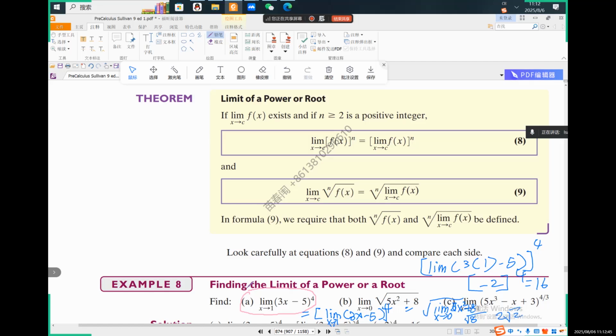Is this just defined? Probably, because you have a fourth power. You make it positive again anyway. You take a fourth power and then a 1/3 power, right?